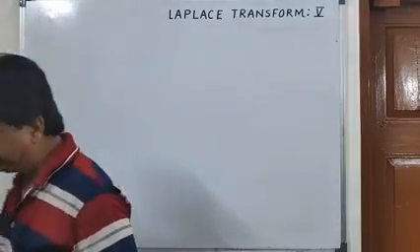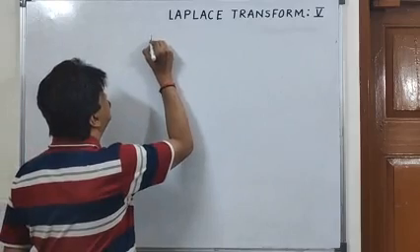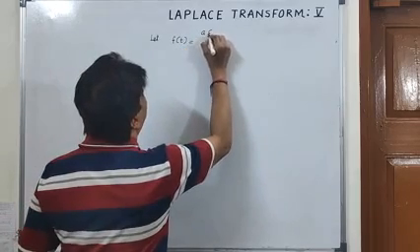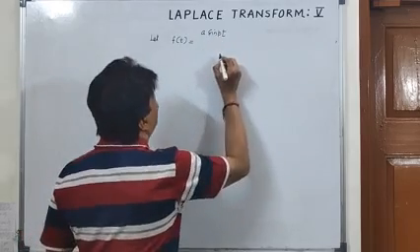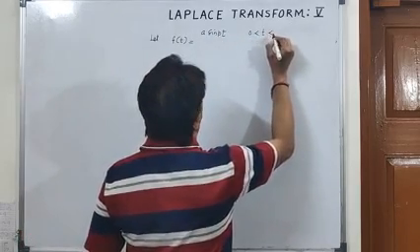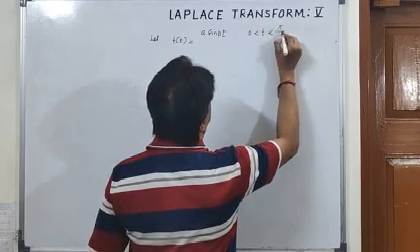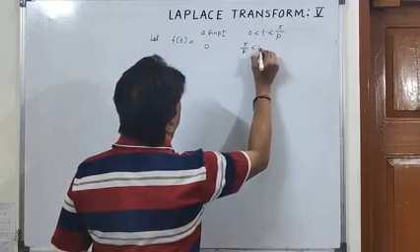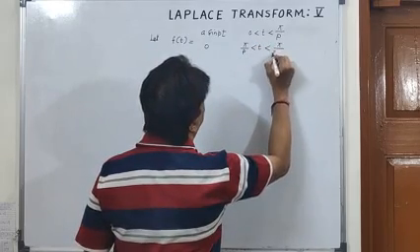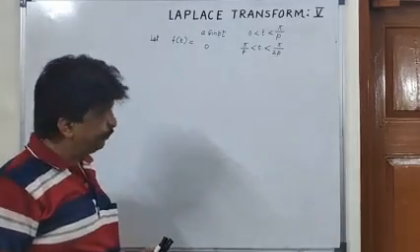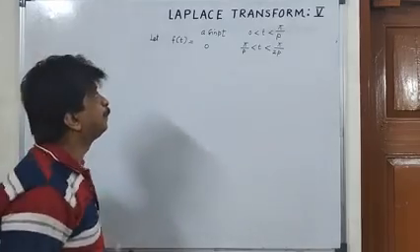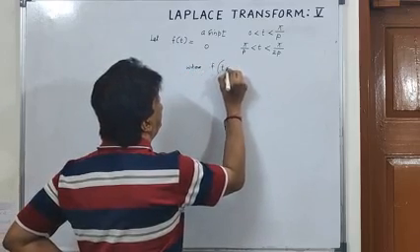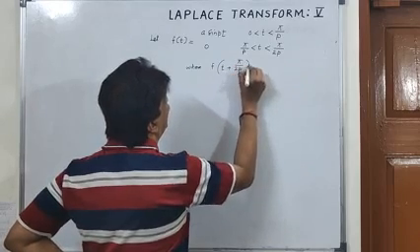Subject to this, we would be finding out the Laplace transform of some periodic function. So let f of t be equal to a sine of pt when t lies between 0 to pi by p, and it is equal to 0 when t lies between pi by p to 2 pi by p. Here, f of t plus 2 pi by p is equal to f of t.